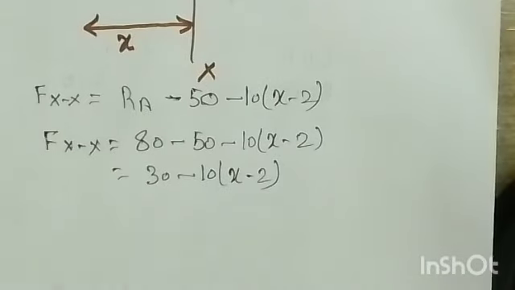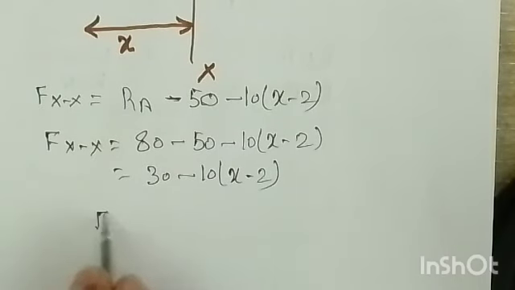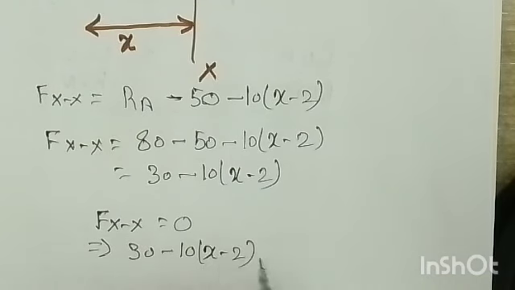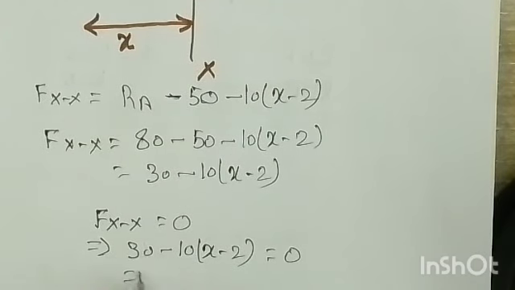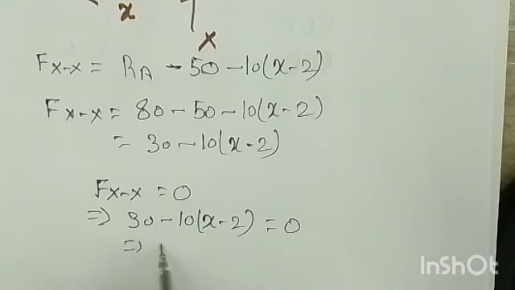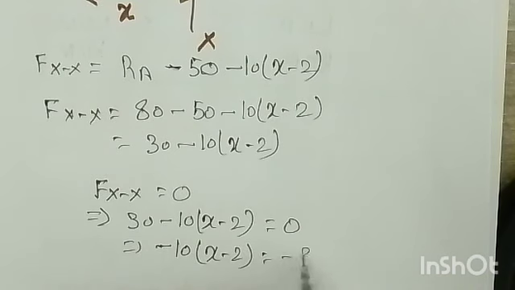Then we consider that the shear force becomes 0 at XX. So Fxx is equal to 0, which leads to 30 minus 10 into X minus 2 equal to 0. This 30 will come to the other side, so minus 10 into X minus 2 is equal to minus 30.